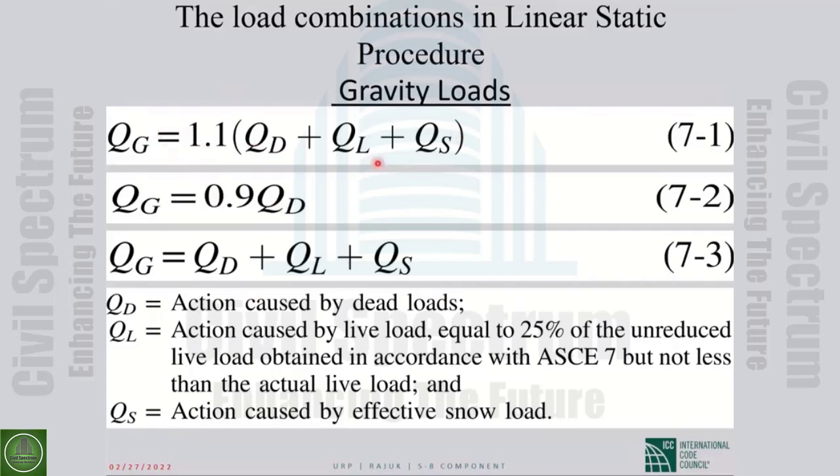Usually a larger gravity load, and because sometimes if you increase the gravity load, then it's not safe for designing some of the elements that, for example, the uplift will happen to them. So if you increase the gravity load, the uplift will reduce. So you are not doing a safe design by increasing that.